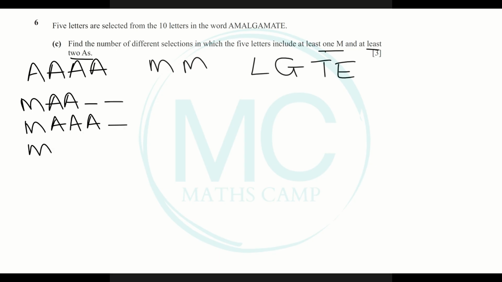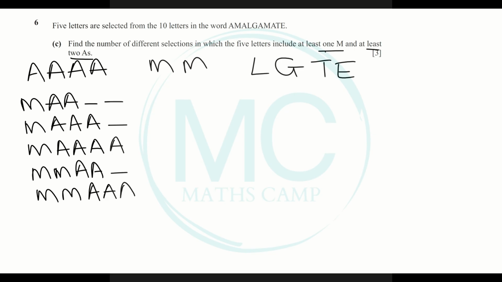We could have 1 M, and all 4 other letters are A's. We need at least 1 M, which means we could also have 2 M's. We could have 2 M's, 2 A's, and one more letter. We could have 2 M's and 3 A's. These are all of the selections that we need to consider.